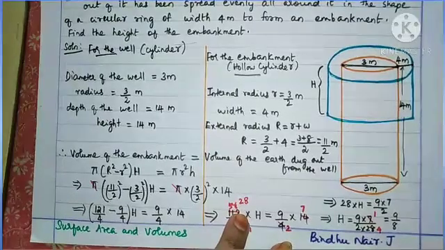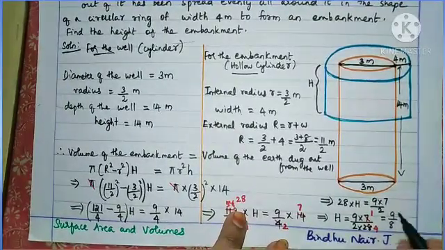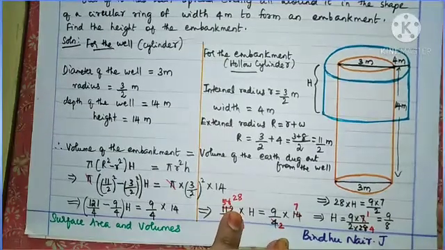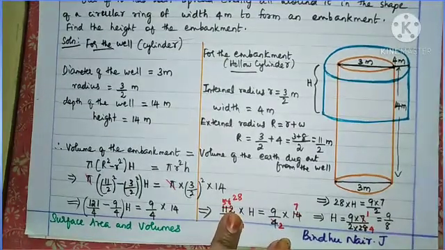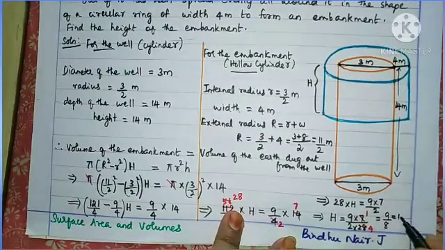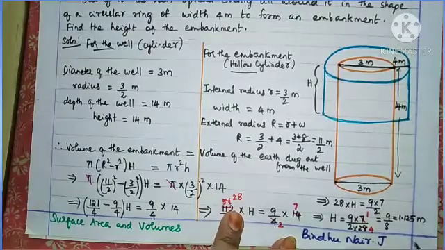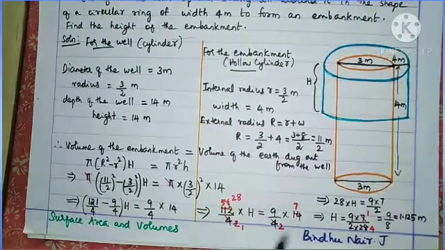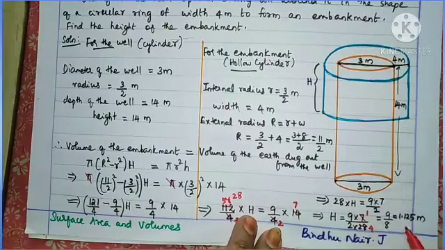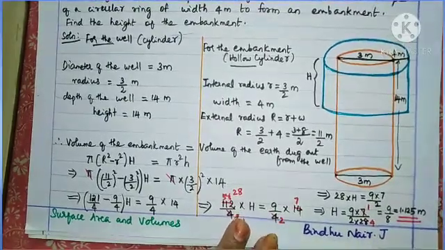Okay, 9 by 8 we got, and because this is in fraction form, we can convert into decimal form, and 9 by 8 when you divide, you will get 1.125 meters. This is our required answer.